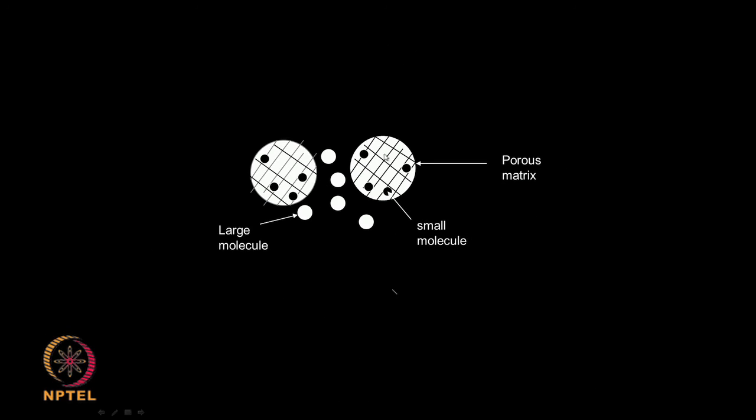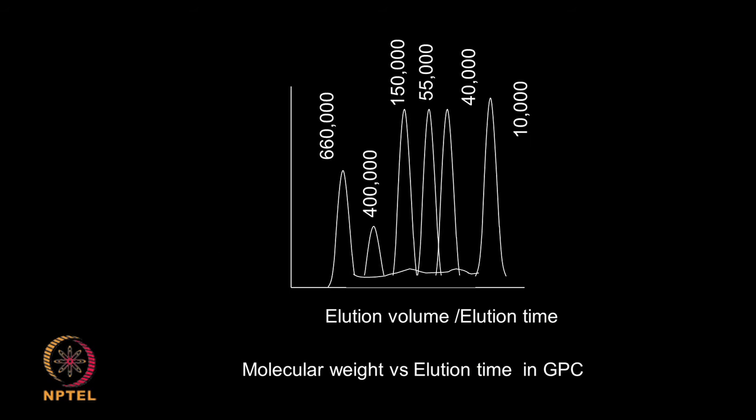If you look at the stationary phase, it is made up of a lot of pores. The small molecules can nicely enter, whereas the larger ones cannot, and the gels are very porous, with different porosity.